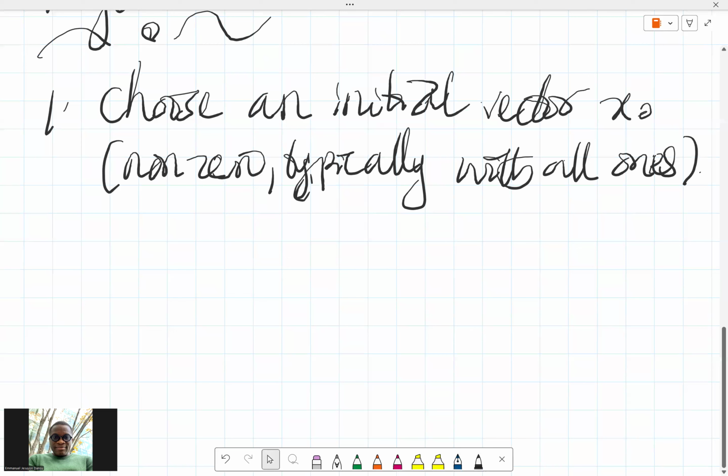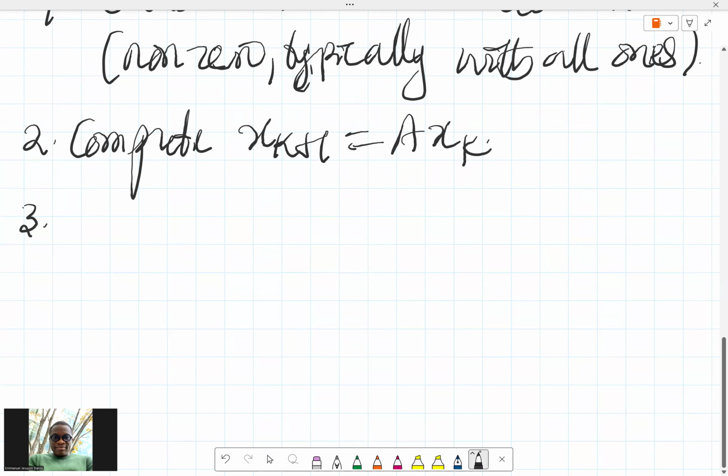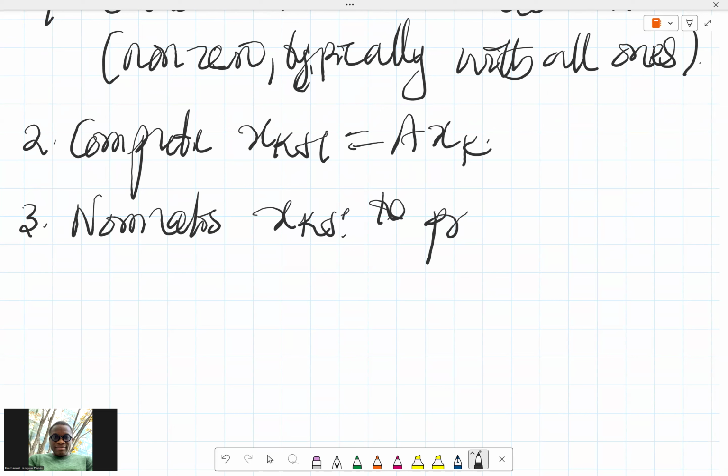That's all that really matters. Then the second thing is that you compute x k plus 1 equals A x k. Then step 3, you normalize x k plus 1 to prevent numerical overflow.